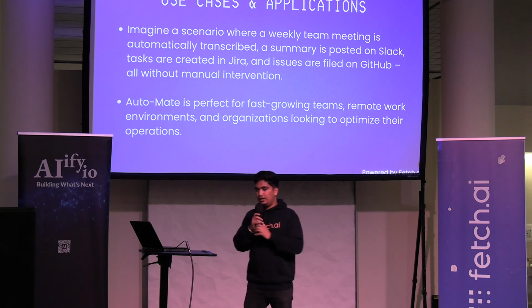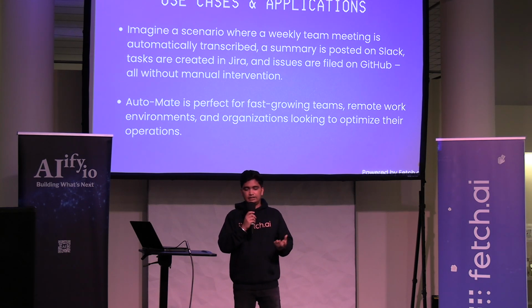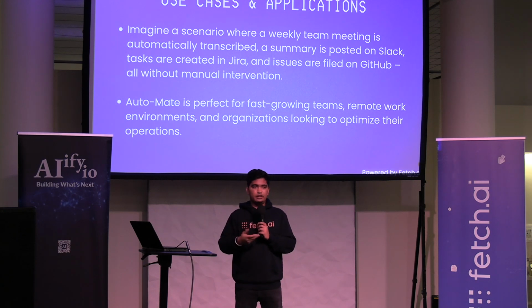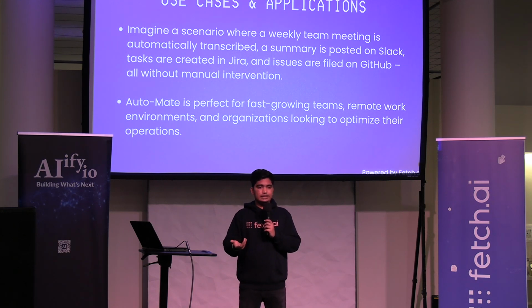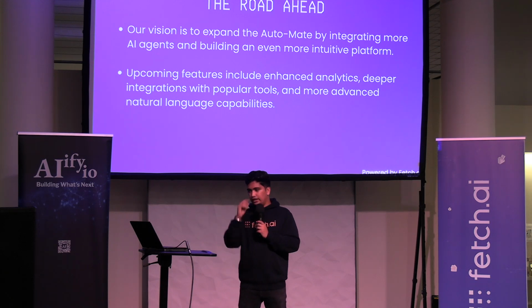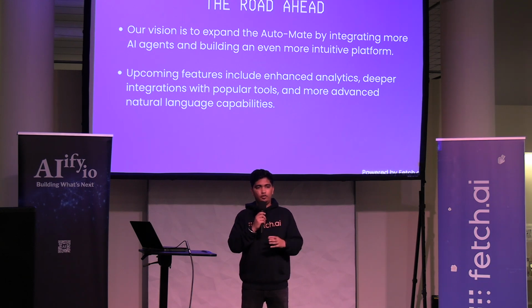Just imagine a scenario where a weekly team meeting is being transcribed, the summary is posted on Slack, some Jira tickets are created, and some GitHub issues are being posted. It would make our lives so much easier. The road ahead is to expand Automate by integrating more AI agents and hosting it on the platform Agentverse.